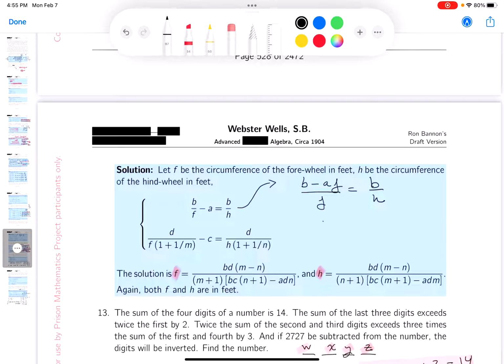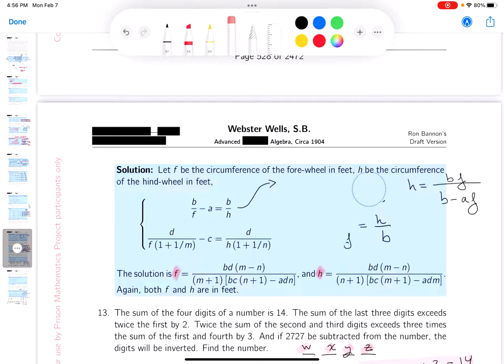It's going to be F over (B minus AF) equals H over B. Well, you know what? I could just simply multiply both sides by B, and I find out that H is equal to BF over (B minus AF). Yep, it took me time to get there, but I got that.